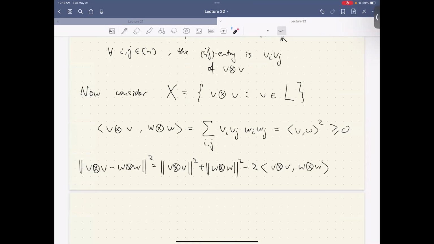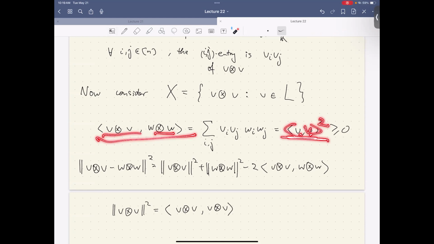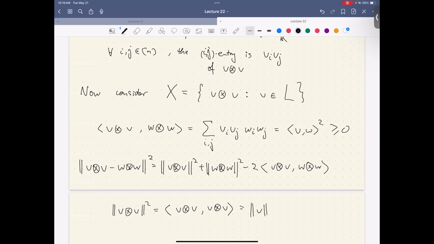But look at what this is. This is also a unit vector if you take the tensor, because this is nothing but the inner product with itself. We did it above. Just take v equal to w, and you get v with itself squared, which is its norm to the fourth power, which is again 1, because v itself is a unit vector.